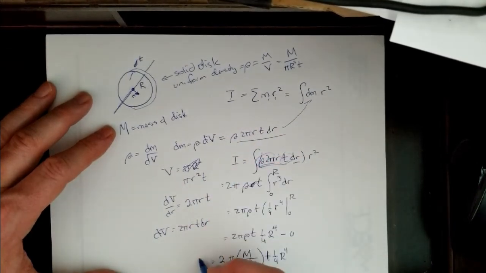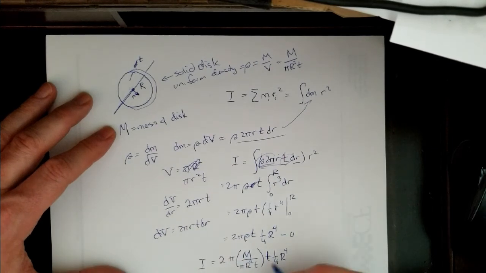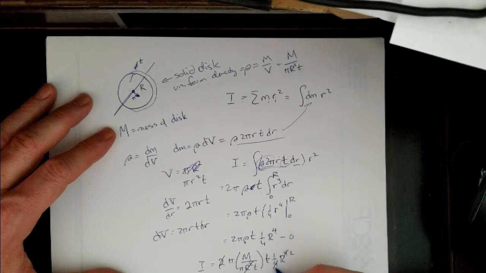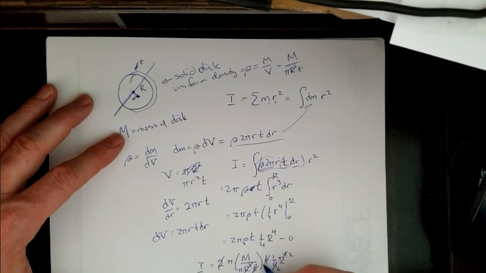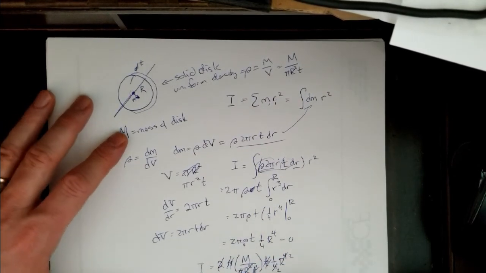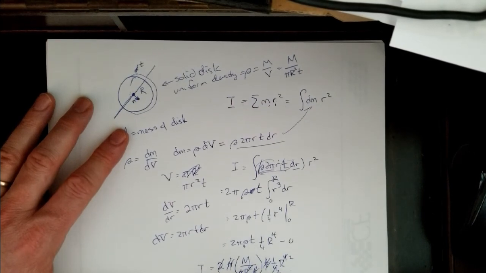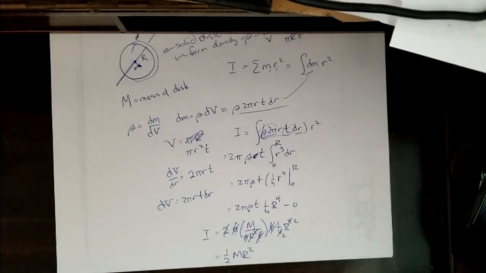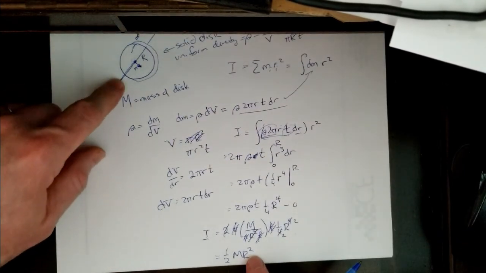That's I. And now we get rid of some stuff. That cancels out with 2 of those. That cancels out with 2 of those. The t's cancel out. Pi's cancel out. And what I'm left with is 1/2 mR squared. And that's the formula for a disk rotating about its center.